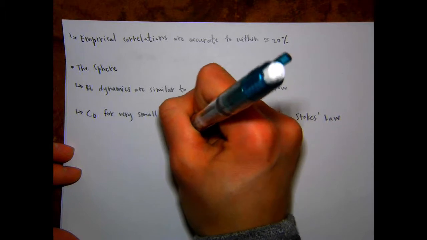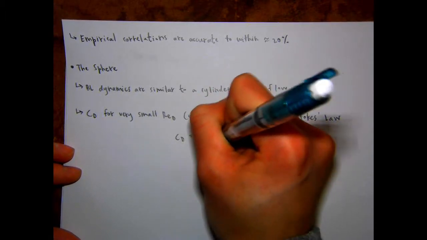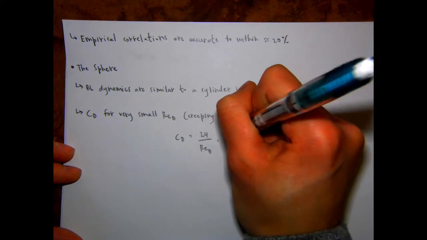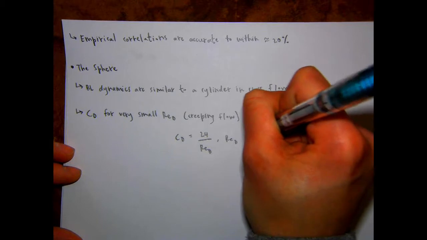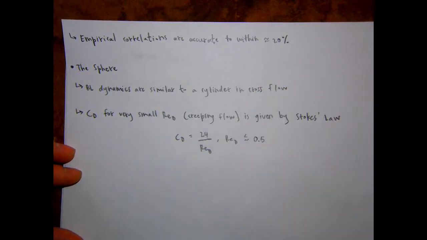And that is just CD equals 24 over the Reynolds number. And again, that's for very small Reynolds numbers of less than approximately 0.5. Very, very small.